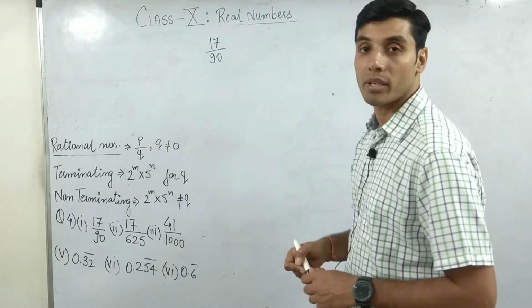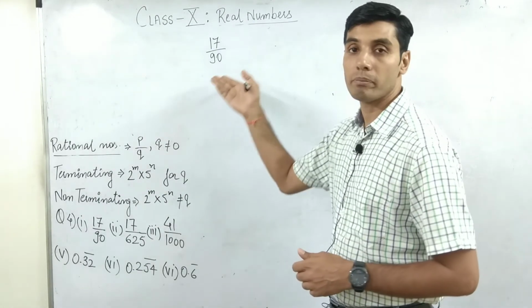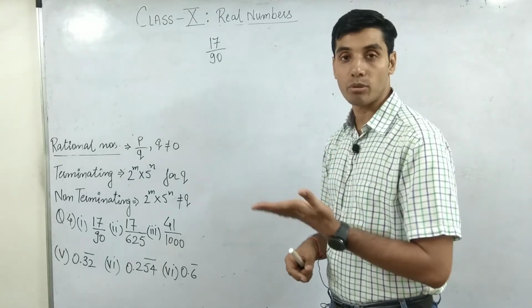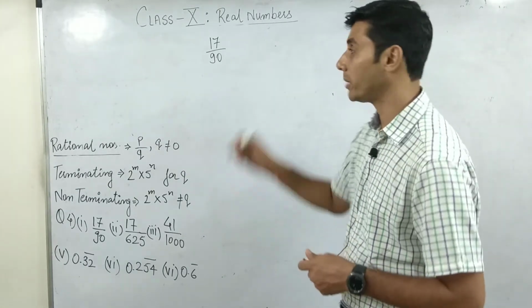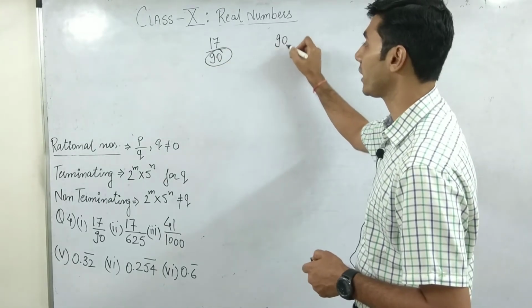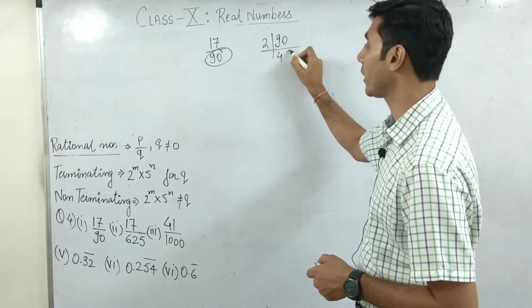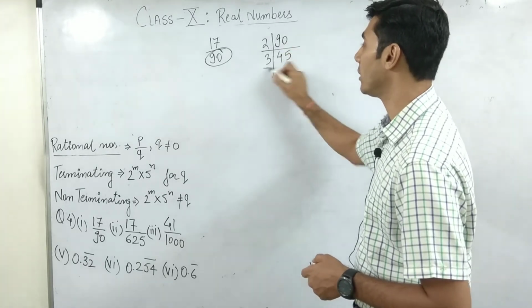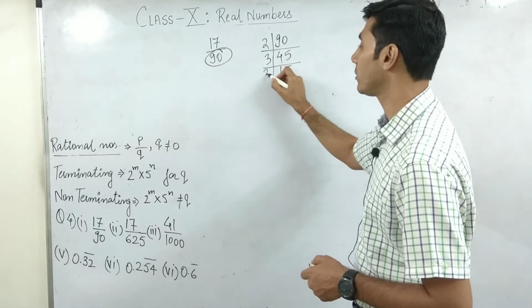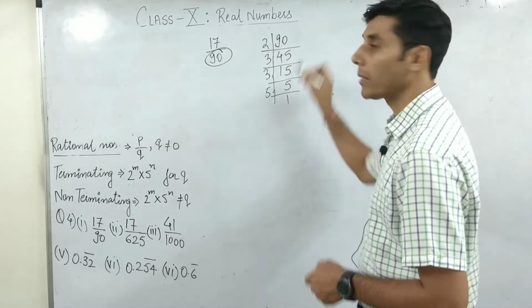So 17 upon 90. Now they are saying you need to tell, without actual division, whether this is terminating or non-terminating. Focus only on the denominator. So let's calculate the factors of 90: 2, 45, 3, 15, 3, 5, 5, 1.